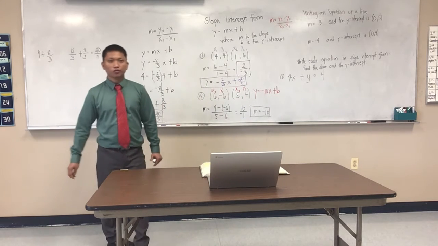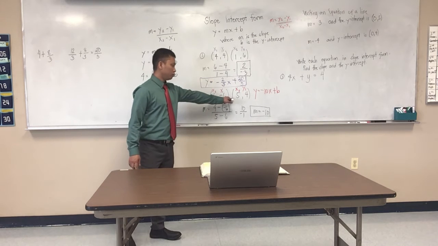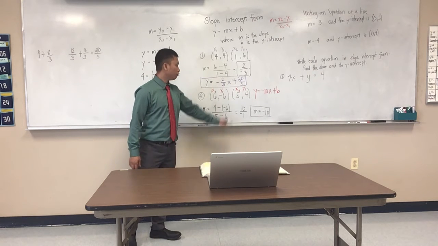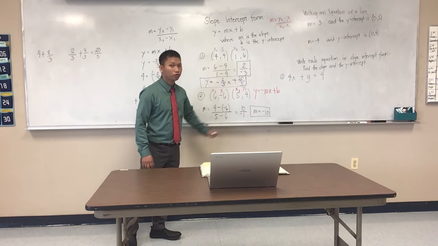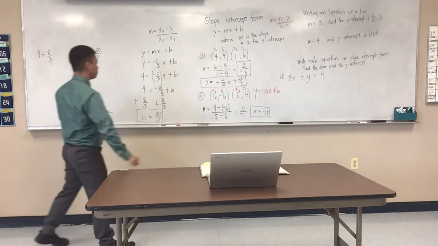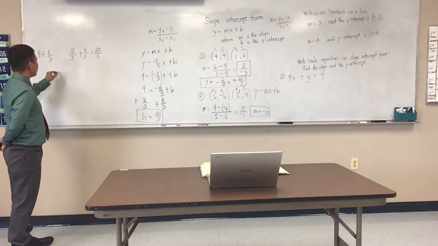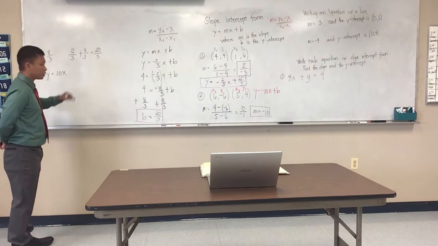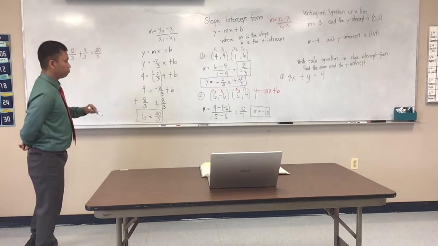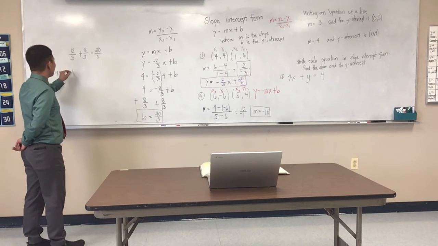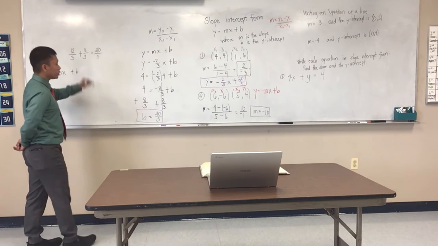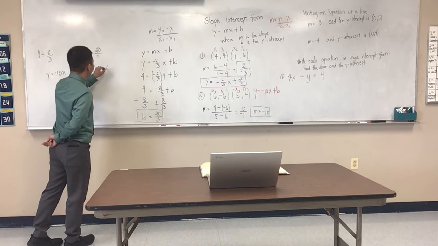Let's say we are going to use this pair, 5 for x and 4 for y. So let's solve for b. y equals negative 10x plus b, since our slope is negative 10.